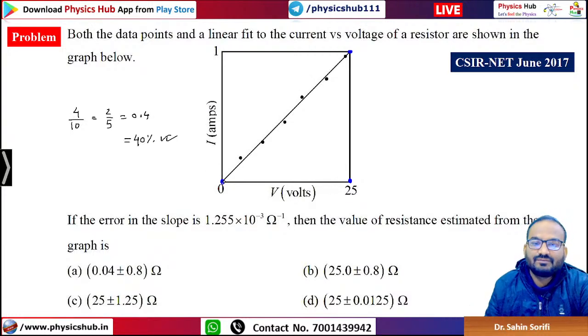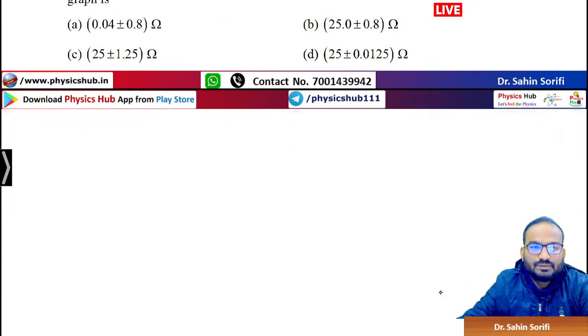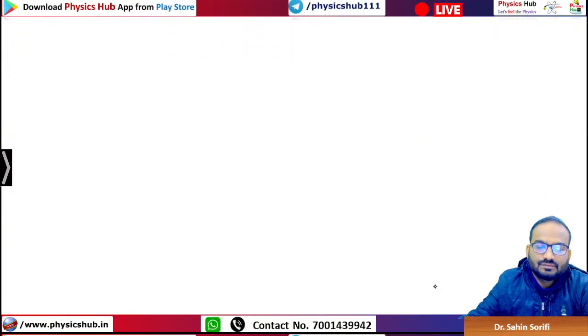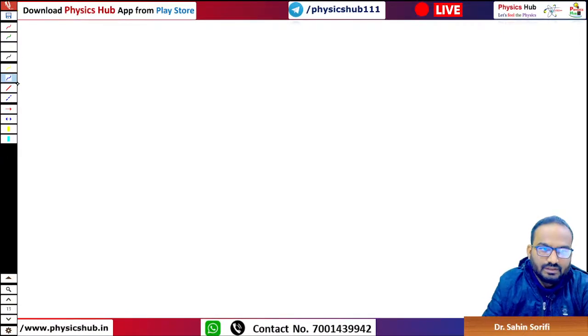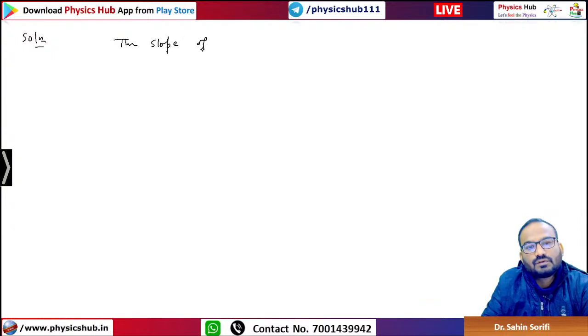So you are given the values of V and I at 0 and 25 volts. From it we can get the value of the slope. How? To calculate the value of the slope, we need two data points. Two data points we already have, one at the beginning, another at the end. So the slope of the curve, you know, the formula is y2 minus y1 divided by x2 minus x1.